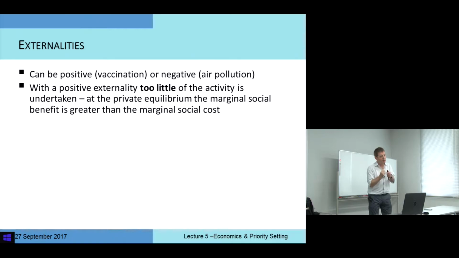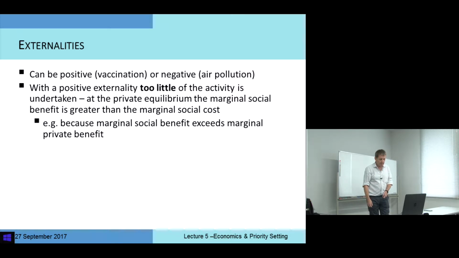In other words, by doing a bit more we can get additional benefit, enough to compensate us for the additional cost, or more than compensate us. This arises because the marginal social benefit of an activity exceeds its marginal private benefit. This would be the case in vaccination.